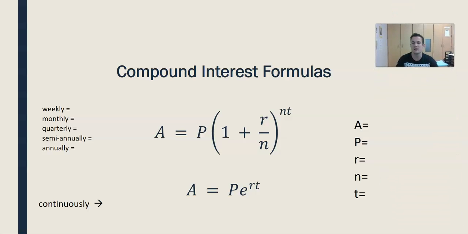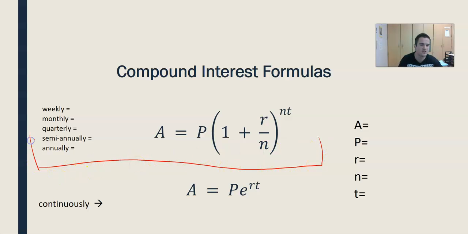These are the formulas that people in business and people in banking use to calculate interest. First of all, there are 2 different formulas. We're going to focus on this upper one first. This is a compound interest formula, and it is used depending on how often interest is compounded.